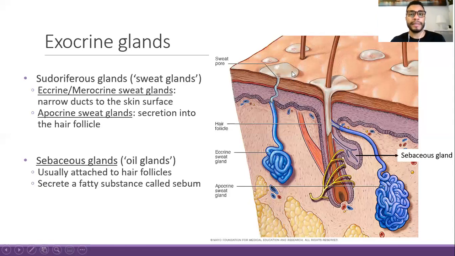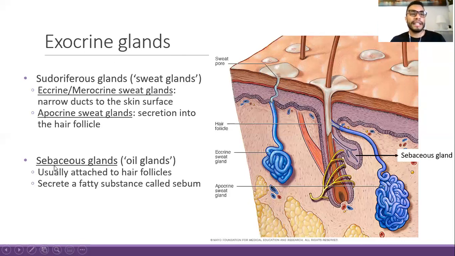And when the bacteria digest the sweat, it will produce the bad odor that we have when we sweat, basically. So the odor is because of the digestion of this sweat by the bacteria living on the skin.